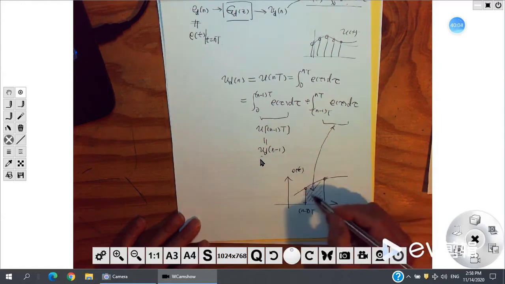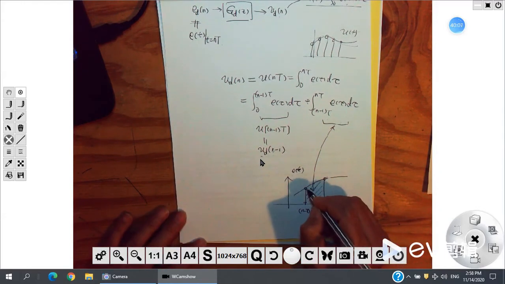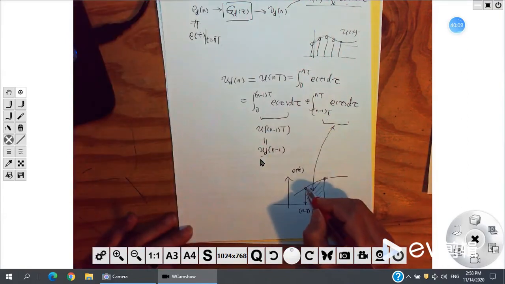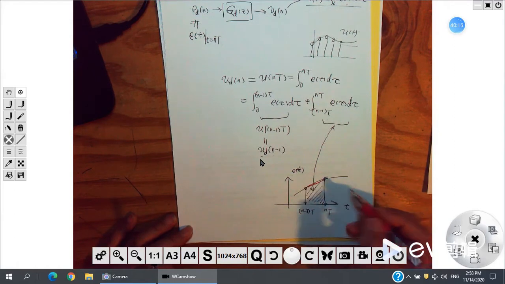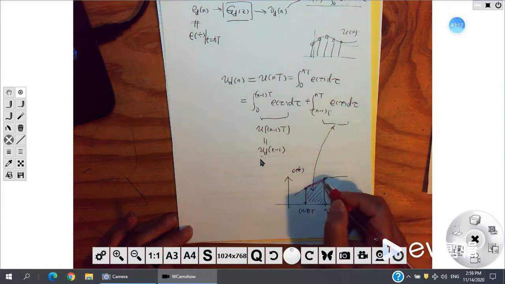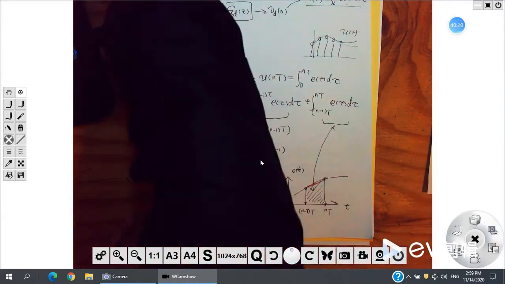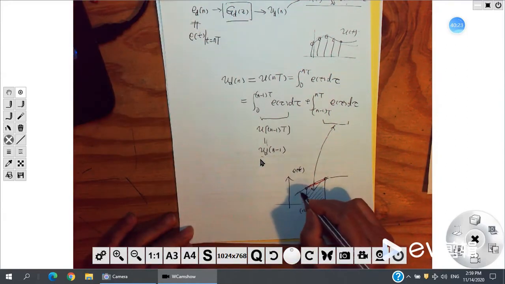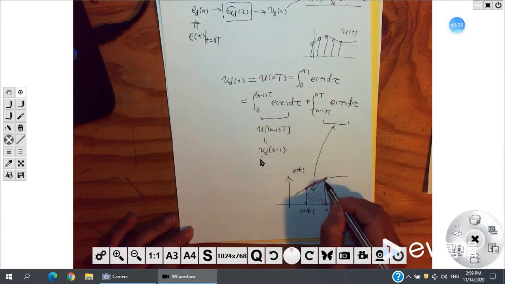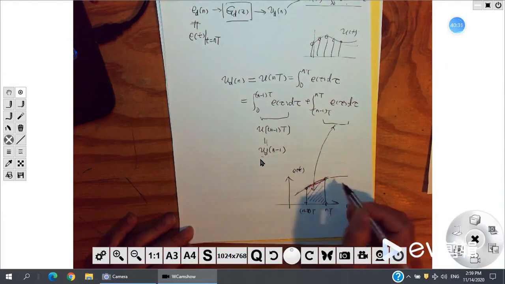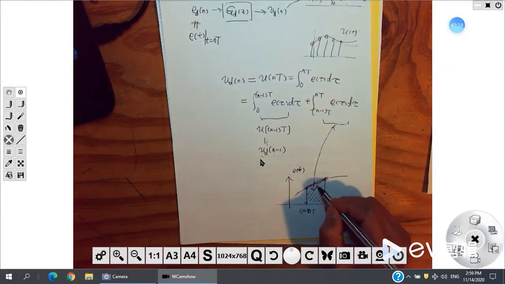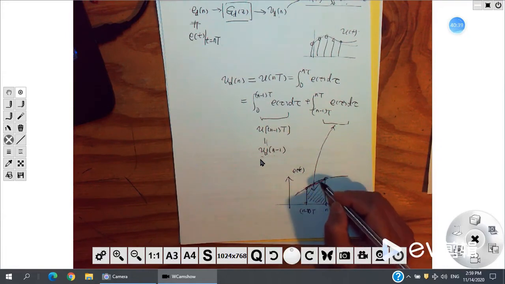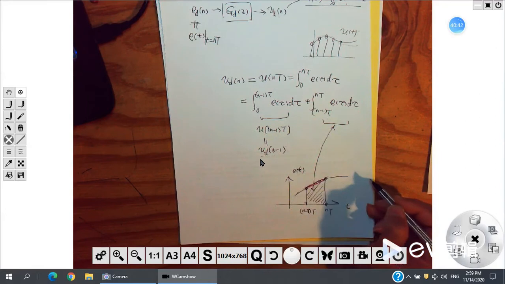And what is the value of this area? We can try to connect these 2 points by a straight line. Of course, this straight line is not the curve. We have some small errors, right? The curve of the function is this black line. The red one just connects these 2 points by a straight line. But you can see the areas below them are quite similar. The error is very small. The error is just here, right? So the error is very small.